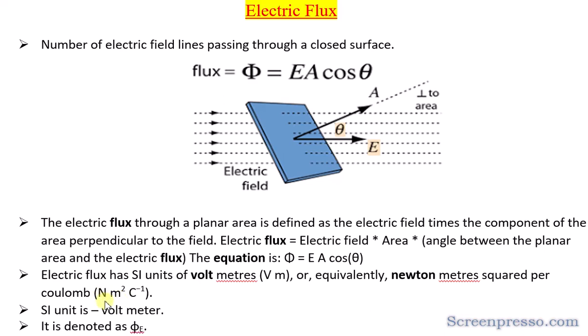N means Newton, M is meter, so Newton meter square per coulomb is also the unit of electric flux. Your SI unit is volt meter. These other units are in different systems, like CGS, but with respect to SI, volt meter is the standard unit for electric flux. As I already told you, it is represented by phi E. So this is all about electric flux.